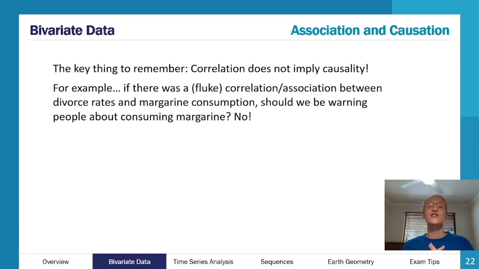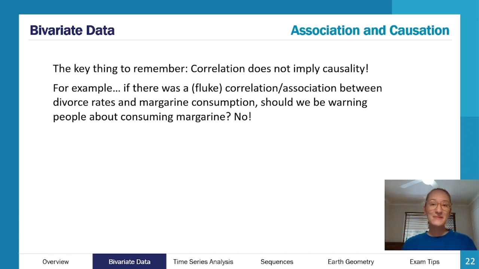Another thing I'd love to touch on is the difference between association and causation. The biggest and the most important takeaway from here is that correlation does not imply causation. So for example, if some random study found a massive correlation between divorce rates and margarine consumption, should we conclude that consuming margarine causes divorce?